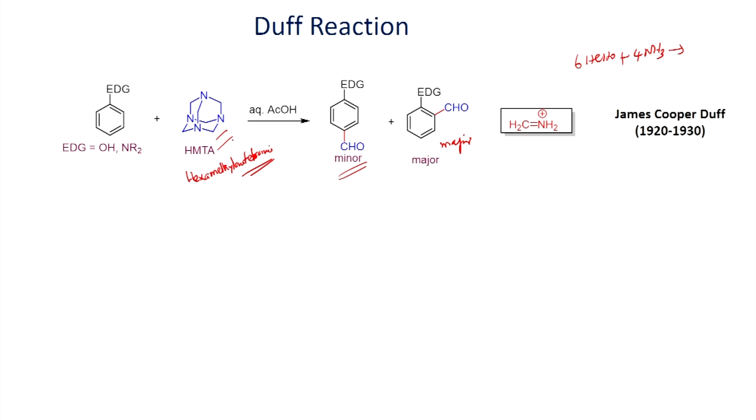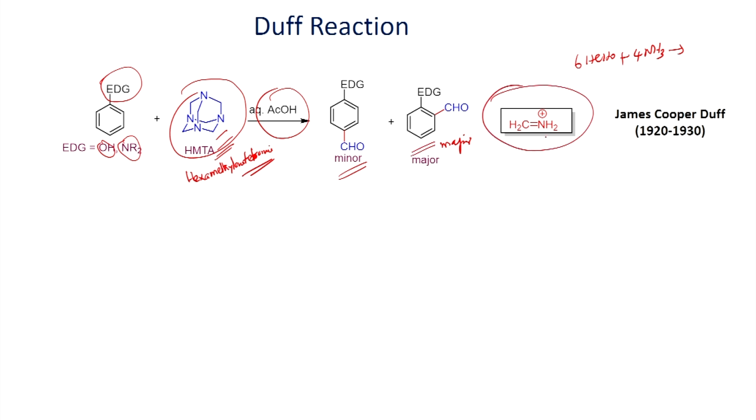So, in this reaction, when you have an electron donating group like OH or amino group, it can readily undergo reaction with hexamethylene tetramine in the presence of acid to give aldehyde, which is one of the practical synthetic routes. If you want to make, for example, salicyl aldehyde, we can use this method. And in this reaction also, the iminium ion acts as an electrophile.